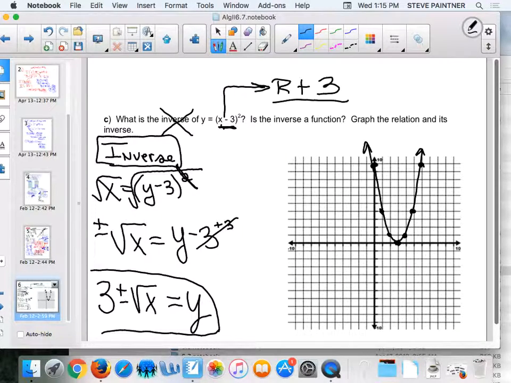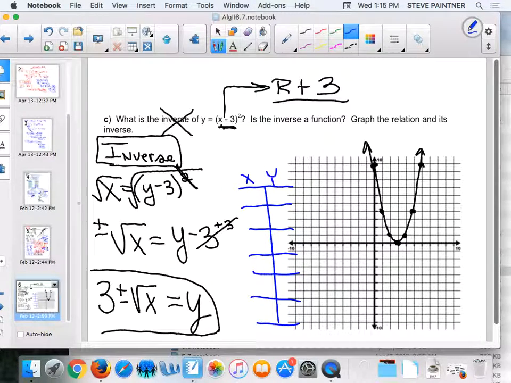Okay, what about the inverse function? The inverse function is almost the same thing, except all the x's were switched and the y's were switched. So let's switch them. How about this one right here? When you switch 3, 0, what do you get? 0, 3.